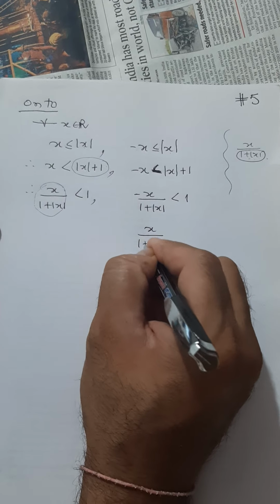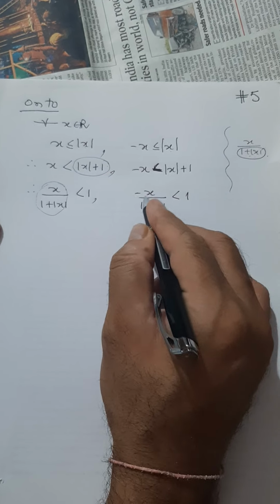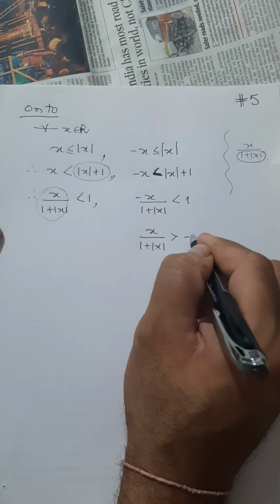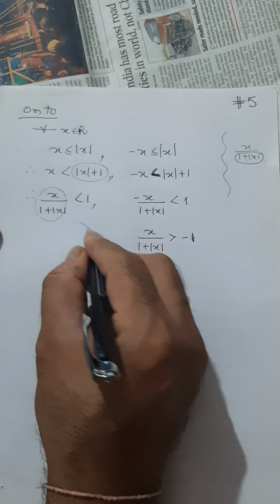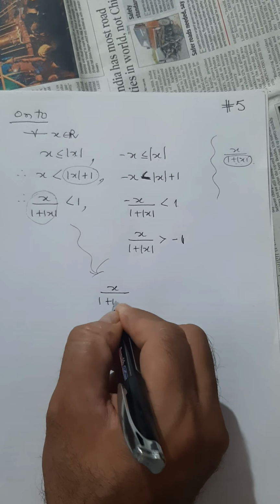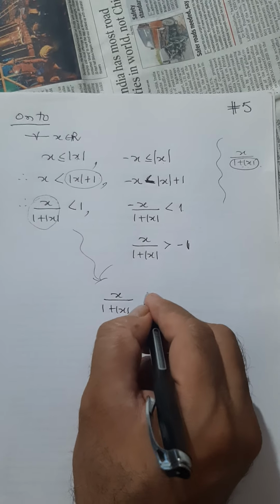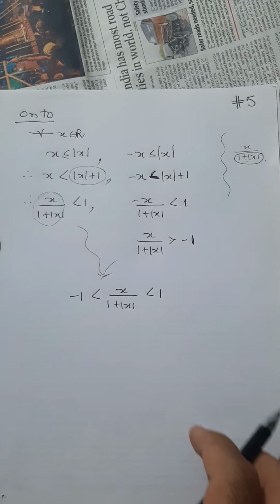So for x upon 1 plus modulus x, when you multiply with a minus sign, the inequality will be reversed. So the greater than sign becomes a less than sign. If you combine these two, you can say that x upon 1 plus modulus x is less than 1 and is bigger than minus 1.